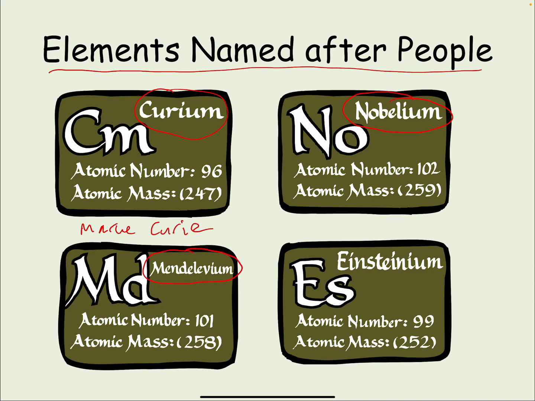Mendelevium, he was the man who came up with the first periodic table and put all the elements in nice neat rows and columns. And I'm pretty sure we all know who Einstein is. Can you see that all these elements have an atomic number that is always different? That's like their fingerprint, their atomic number, 96, 101, 99, 102.